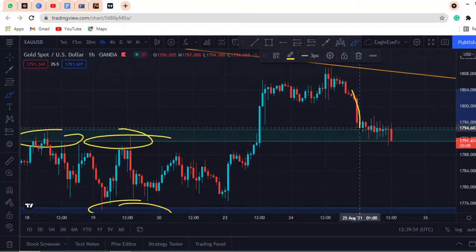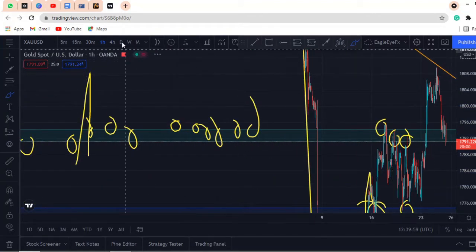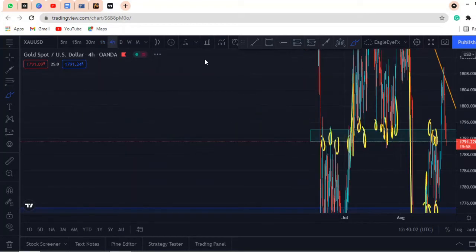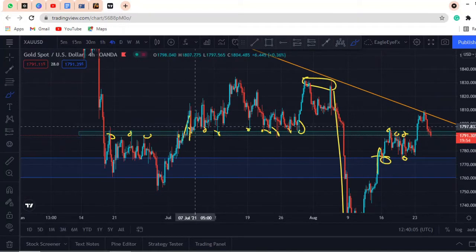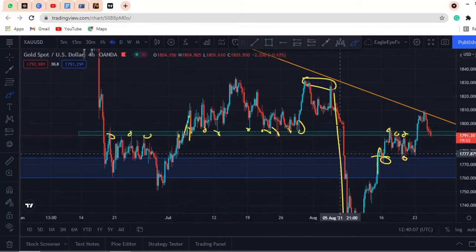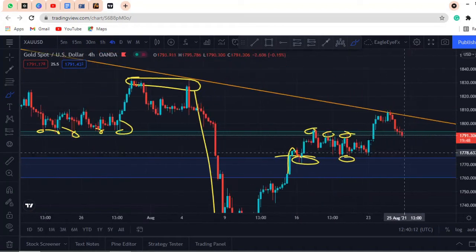I see movement, perhaps it's trying to consolidate to find strength to break this level here. If I go back to the 4 hour time frame, you can see that this level really was checked before it was broken. There was a lot of rejection before it was broken.